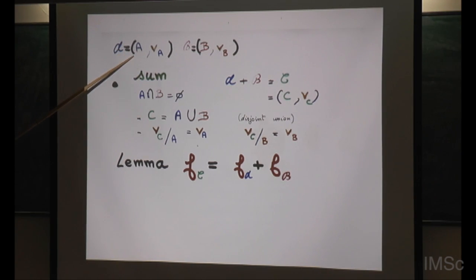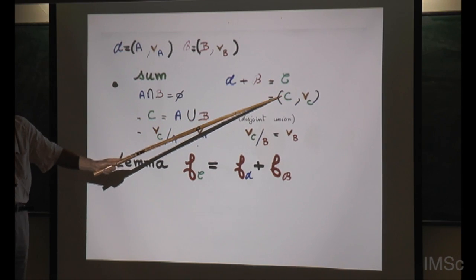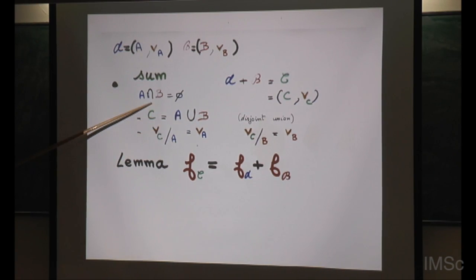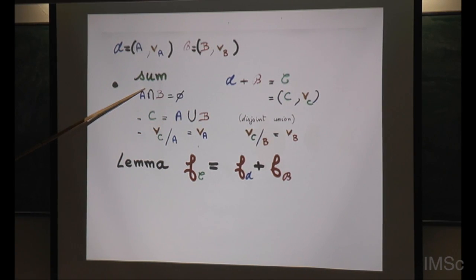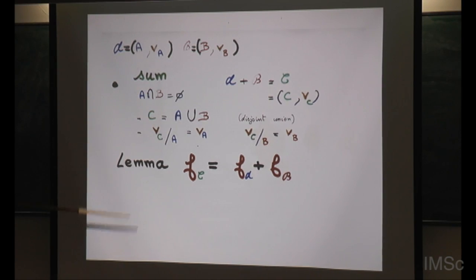You have two classes of objects, the class in blue with this weight, the class in red with this weight, and the sum is going to be the following. I have to define a new valuation and a new set of objects, C. So C is a union of A and B, with the condition that A and B do not intersect: a disjoint union.